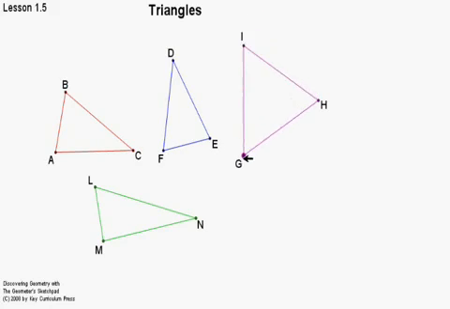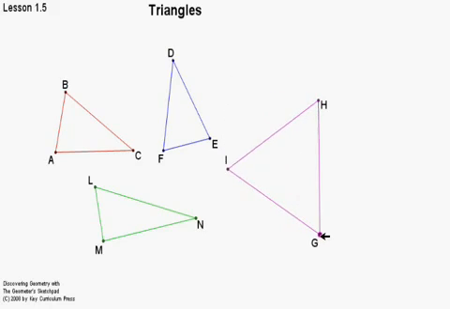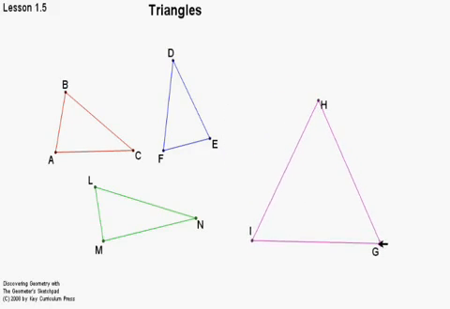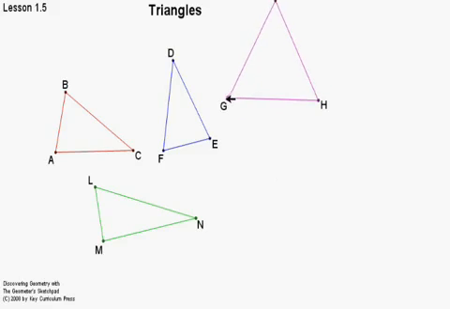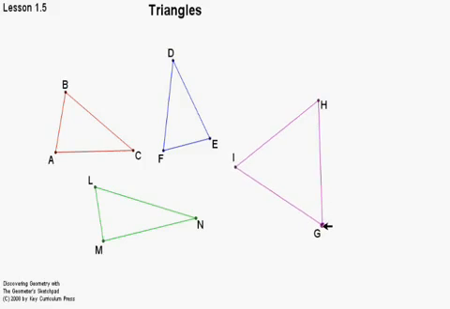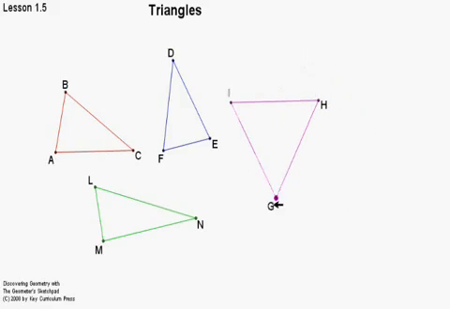What's happening with the sides and the angles in this triangle? You'll notice the sides are staying equal, and the measurements of the angles are staying equal. It doesn't matter whether I spin it, pull it out, or push it in, and the same would happen if I take any of these other vertices.